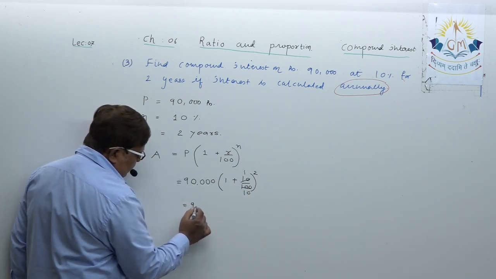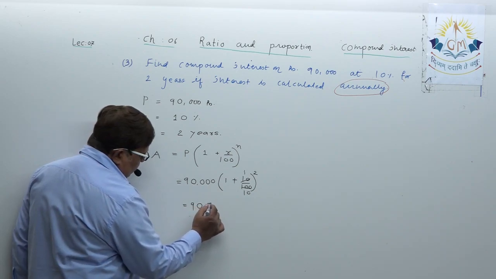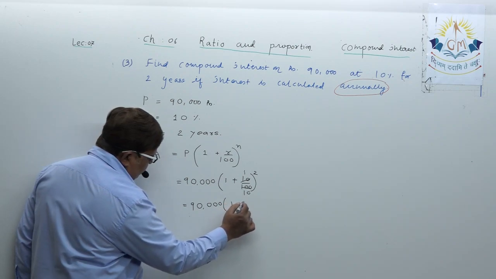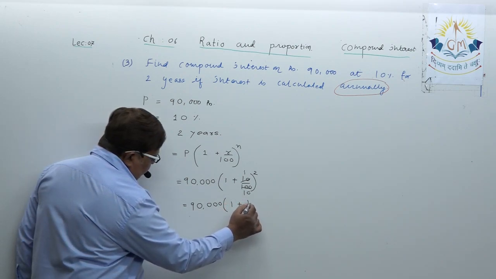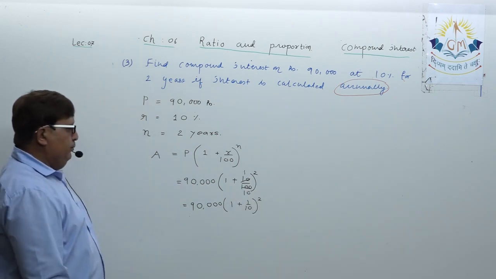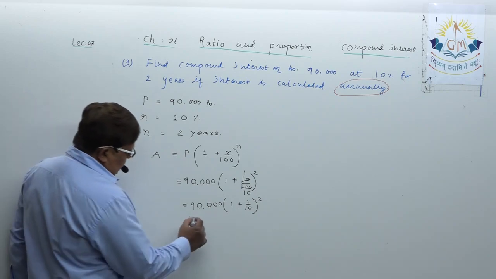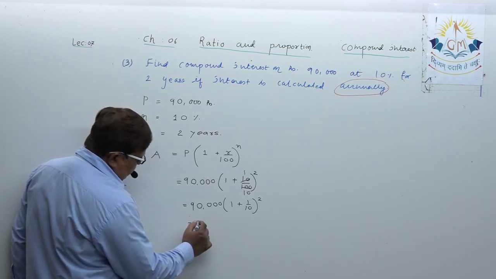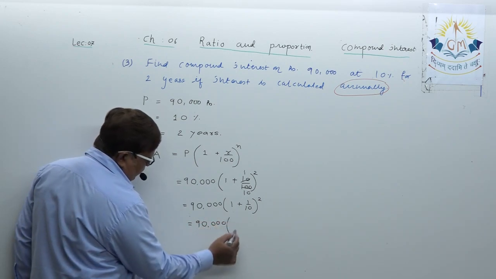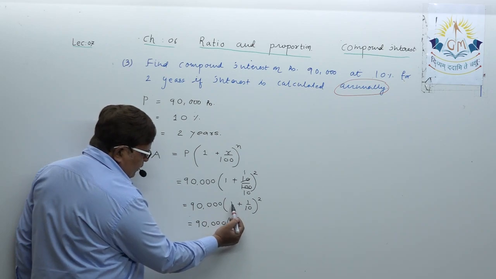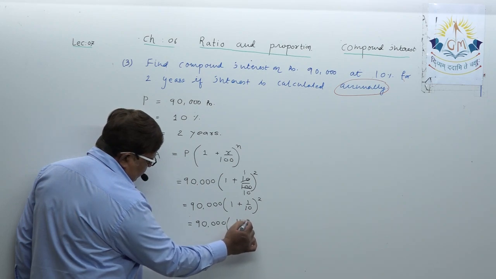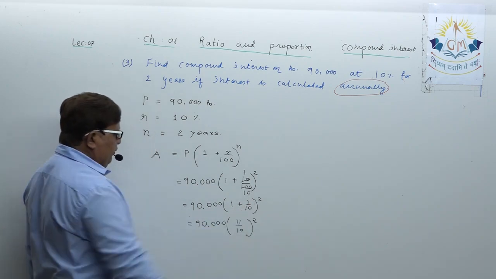So the next step, 90,000 into bracket 1 plus 1 upon 10 raised to 2. Now you must have taken LCM. 10 1 ja, 10 plus 1, 11 upon 10 whole square.